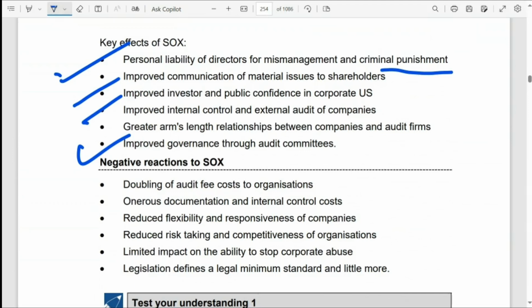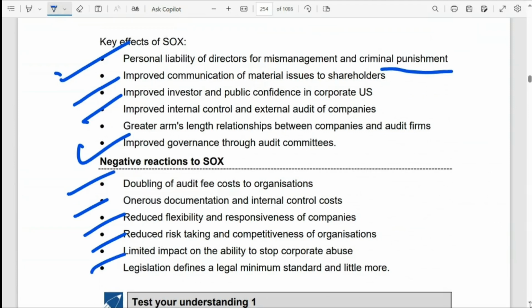Negative reactions to SOX include doubling of audit fees, cost to the organization, onerous documentation, reduced flexibility, reduced risk-taking, and then limited impact. These are all examples of their control.